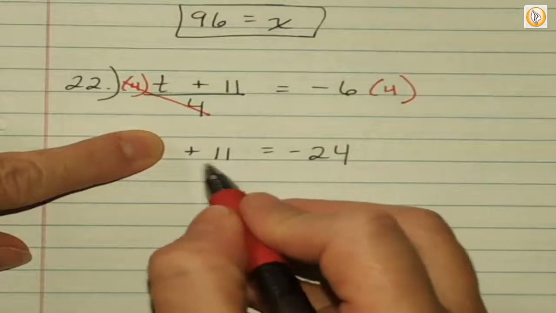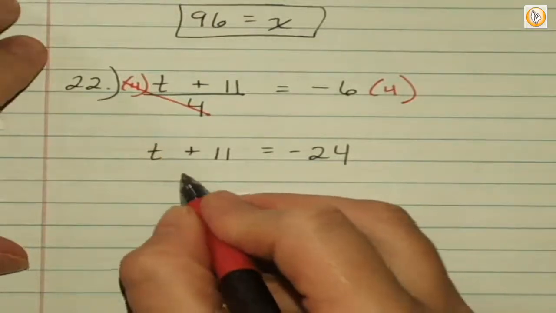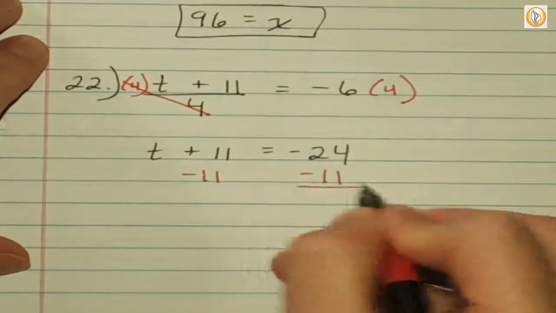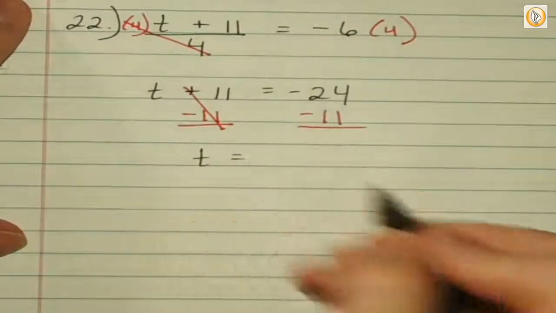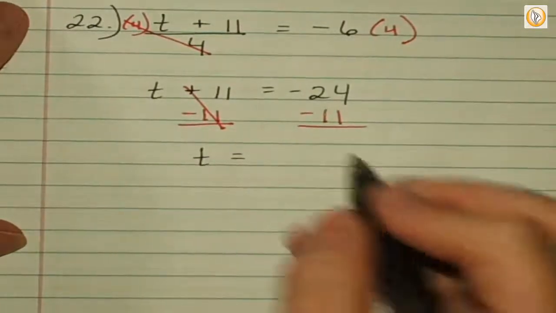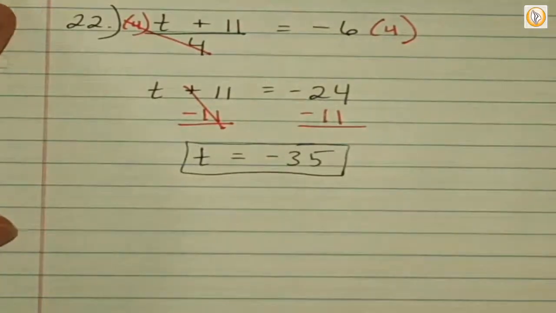Yeah, because this is adding, right? The opposite is? Subtraction. And you get negative 35. There you go. Are there any questions?